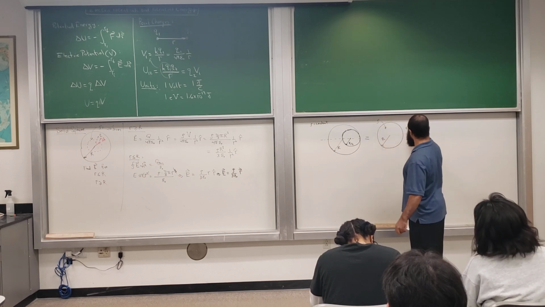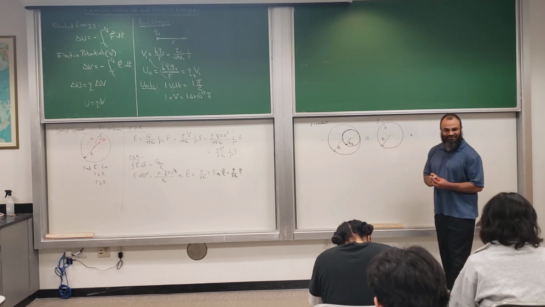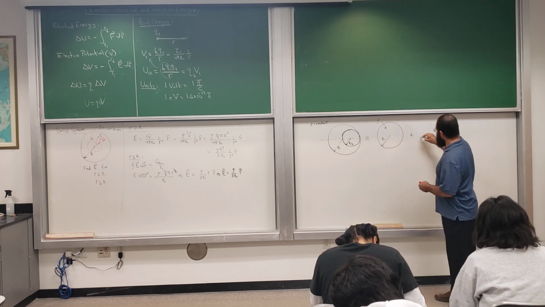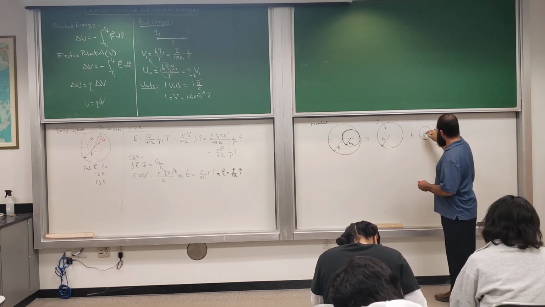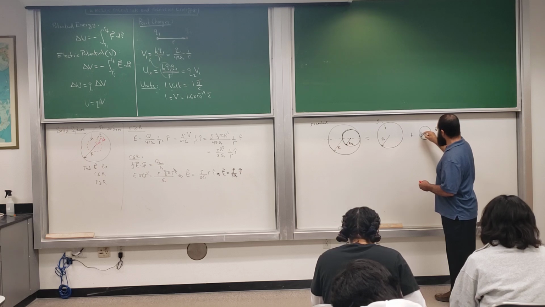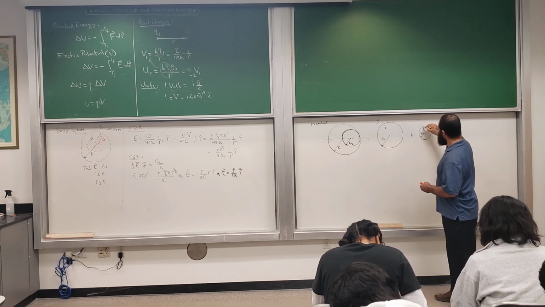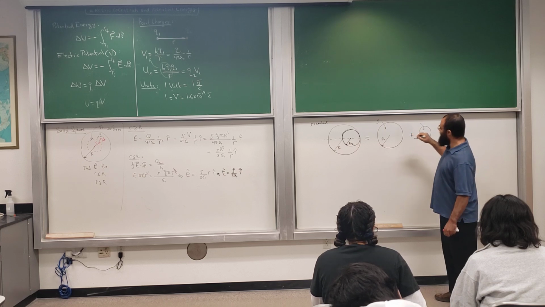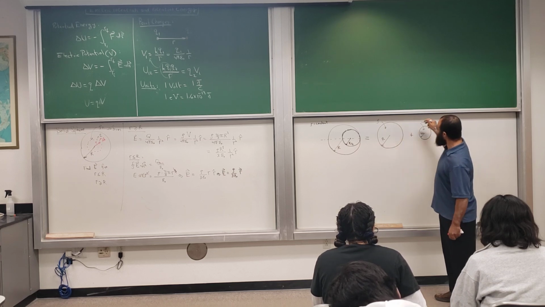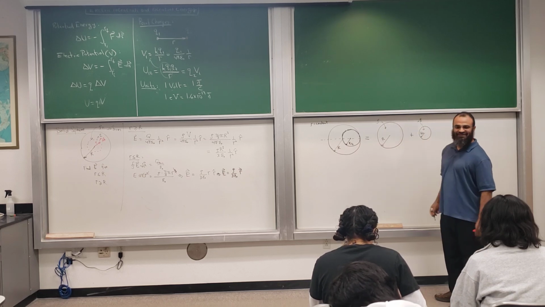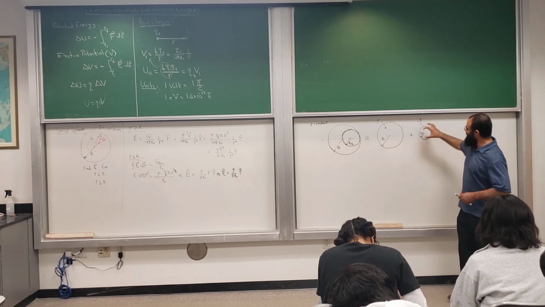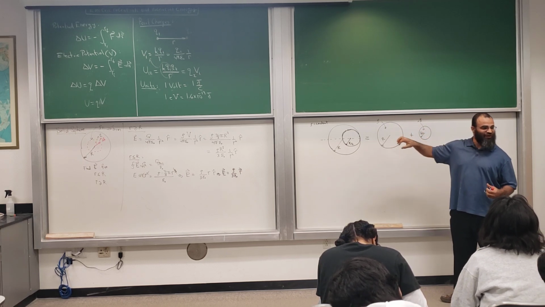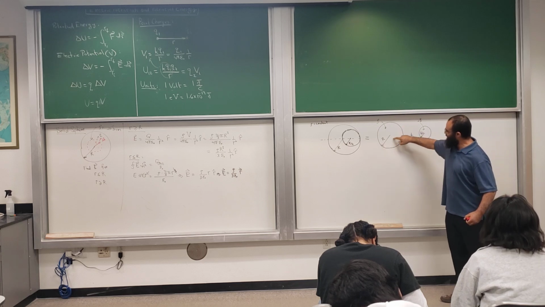Plus, we're going to have a smaller sphere of radius r over 2, but it will have charge density minus rho. If I superimpose this minus rho on top of it, what would the total charge be here?